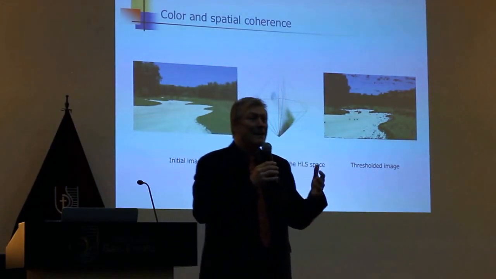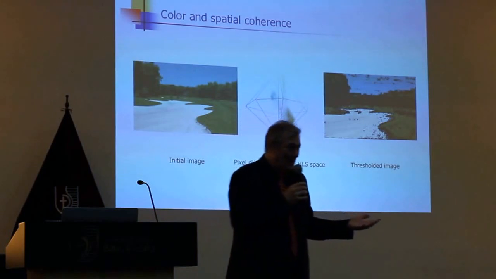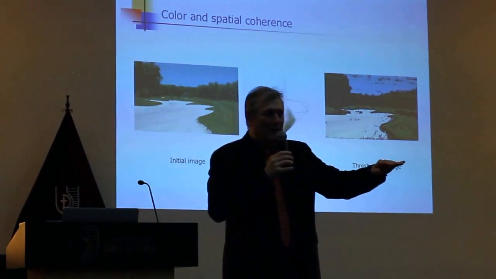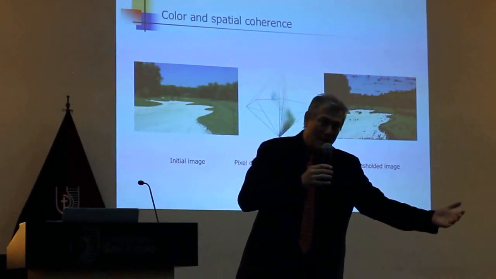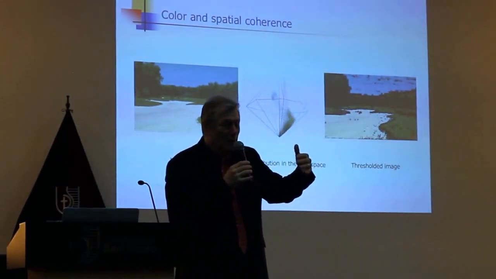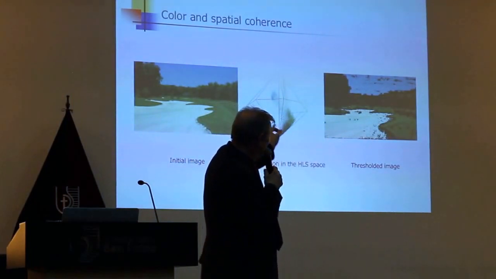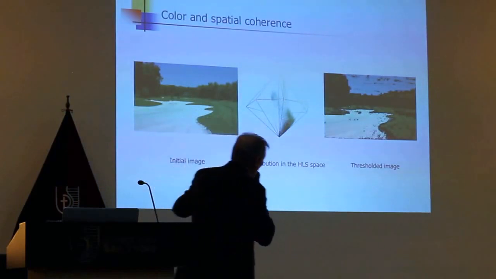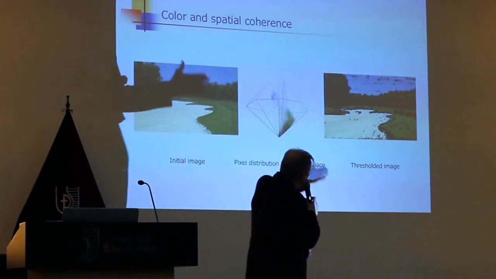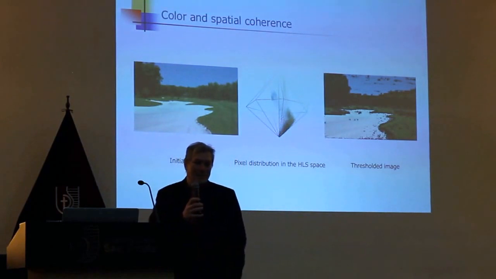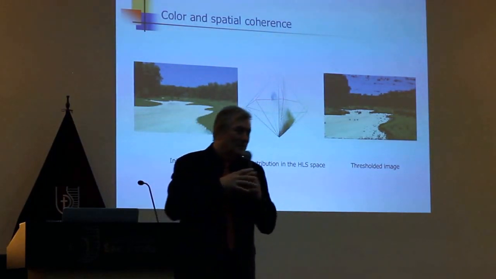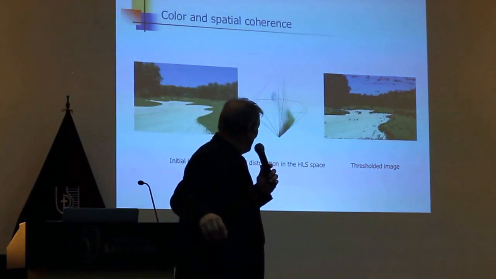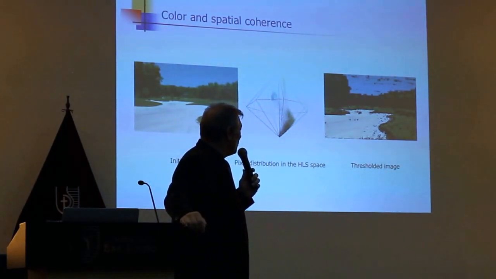Then we simply count all these values, and we apply a threshold, and we give the value 0 to all the pixels that do not belong to the selected area in the HLS space. This gives a not very bad result, but it gives this result on the right, with a lot of pixels that should be blue and that are not labeled as blue. So, it's not so good like that.